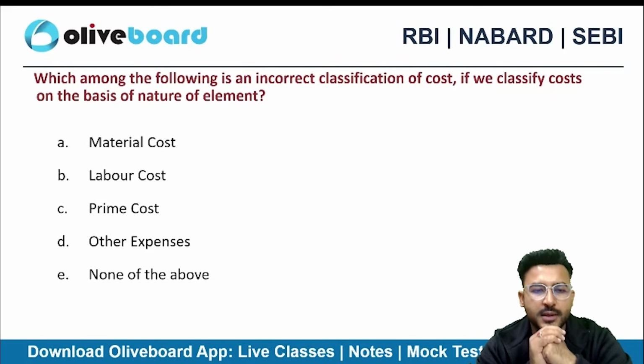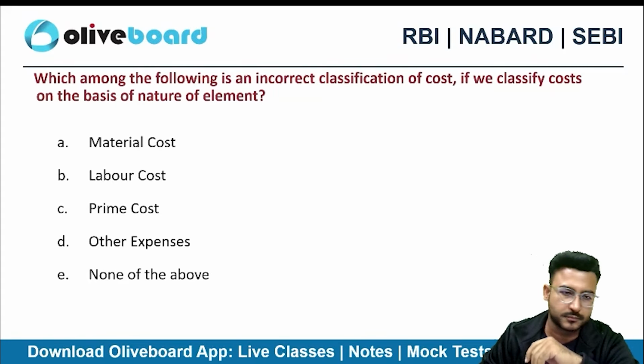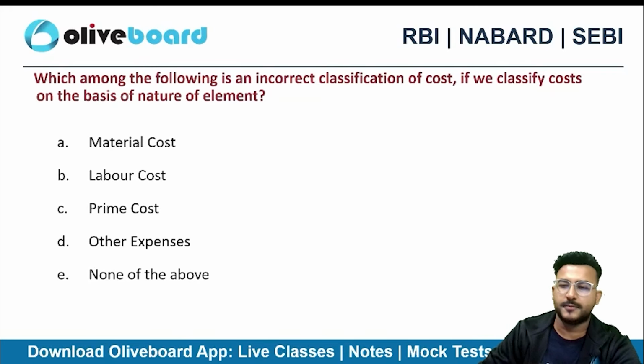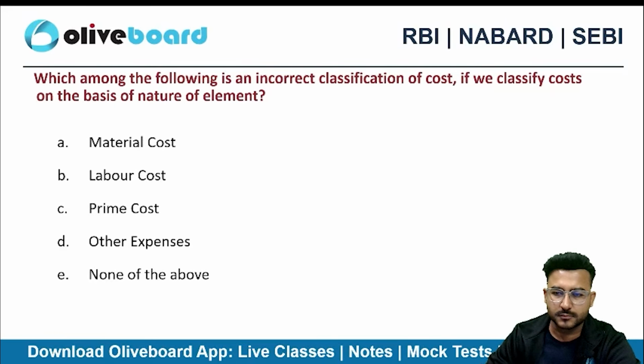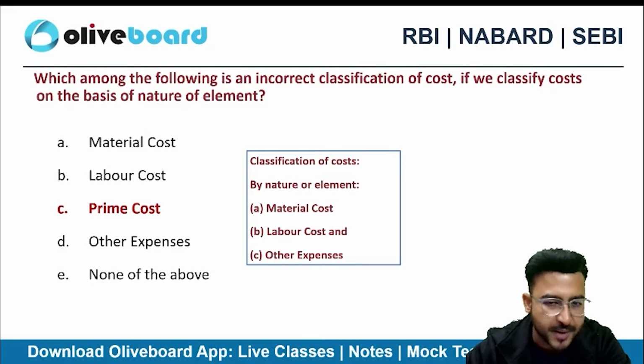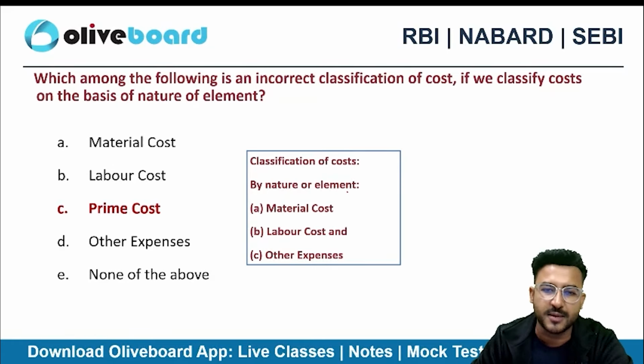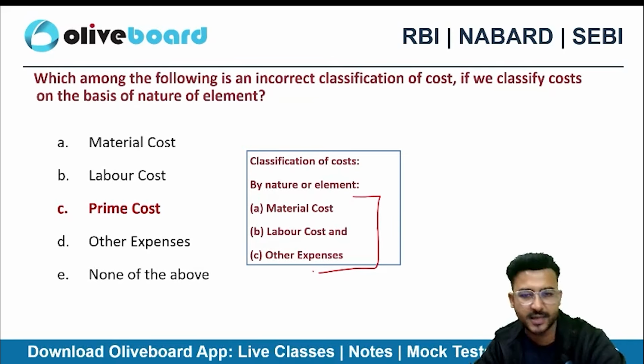Material, labor, prime cost, other expenses, or none of the above? The correct choice here will be prime cost, right? Prime cost is not a classification based on elements. Based on the elements, we have material, labor, and other expenses.